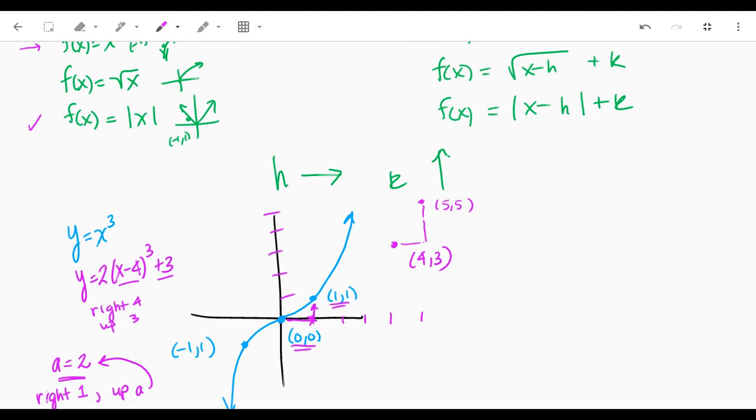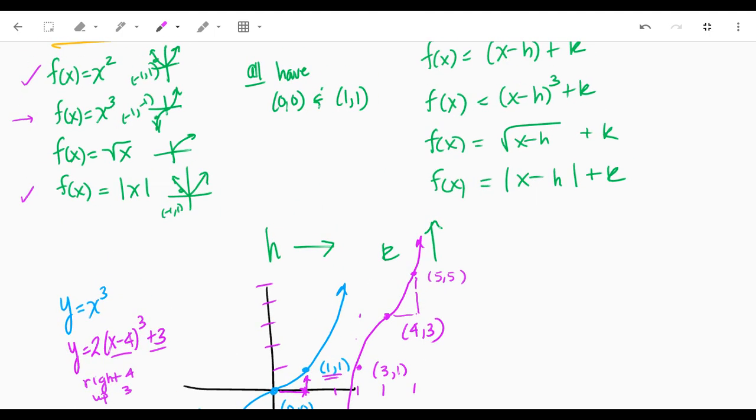So since I'm graphing a cubic one, now I'm going to go right 1 and then down 2. So that takes me to 3, 1. And then I have my points that I need to graph my cubic function. Okay? All right. And then be prepared to do it for all of them.